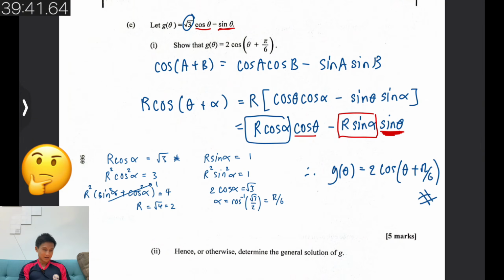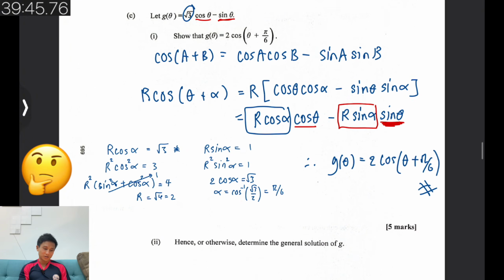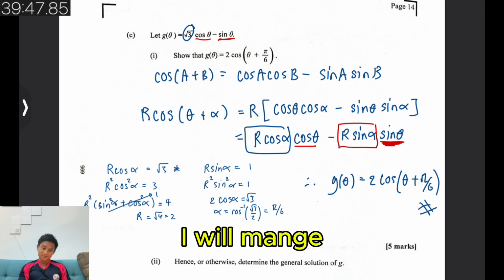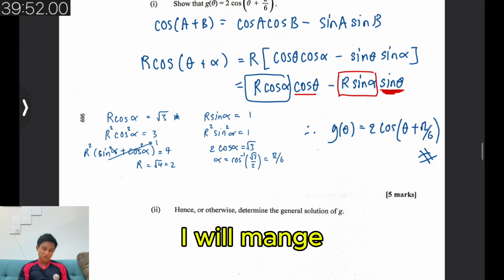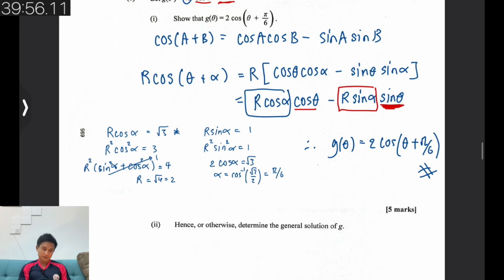What is that? I mean, this is not an ordinary differential equation either. Okay, that's a bit weird. General solution of G. I'm not sure about this.